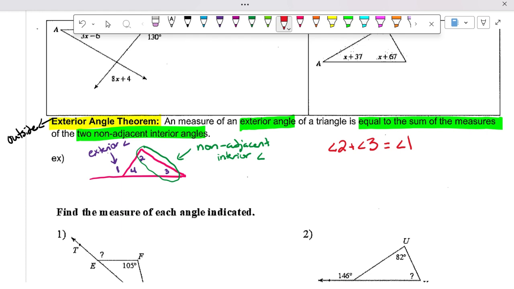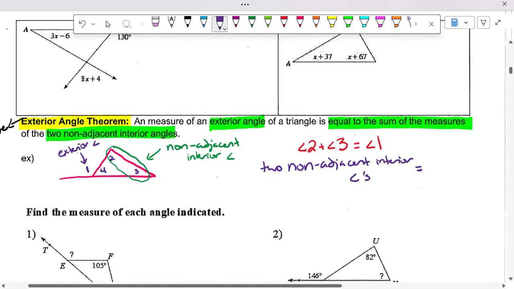Now, that is the exterior angle theorem. So to put it in layman's terms, if you add up the two non-adjacent interior angles, that equals the exterior angle.